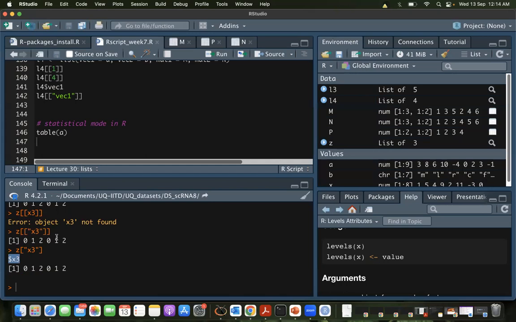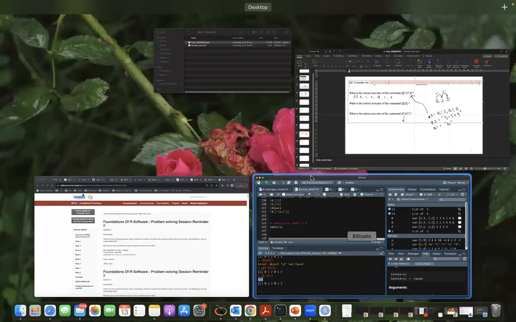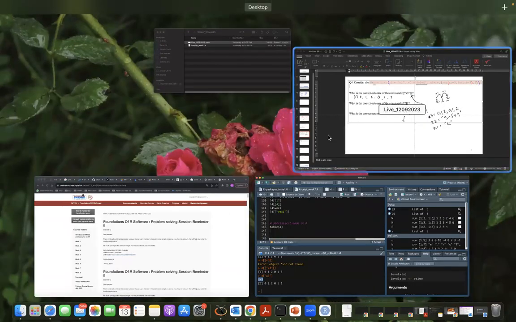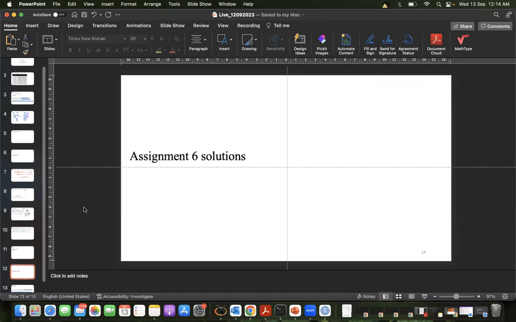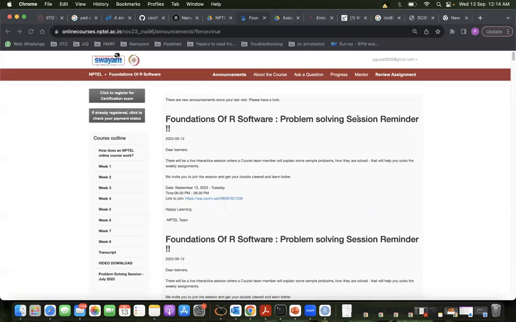So it's slightly different. I will recommend you not to do it. Whenever you're working with lists, always go for two square brackets, whether you refer to the index or the name. After this we have the assignment solutions also.